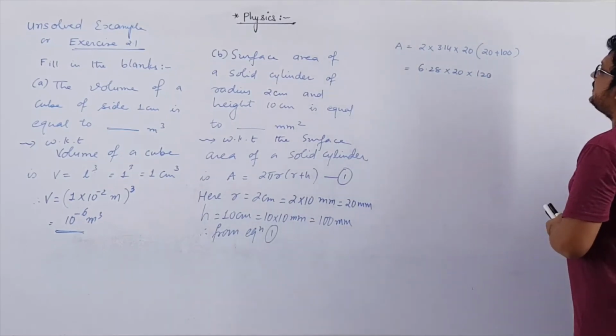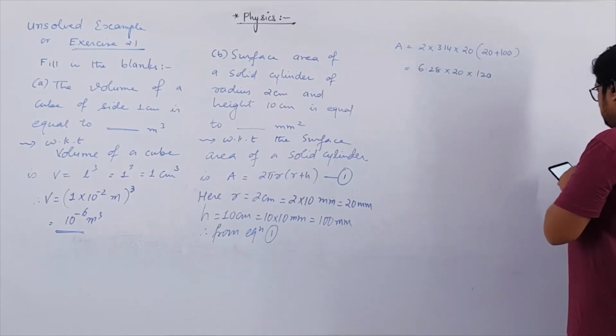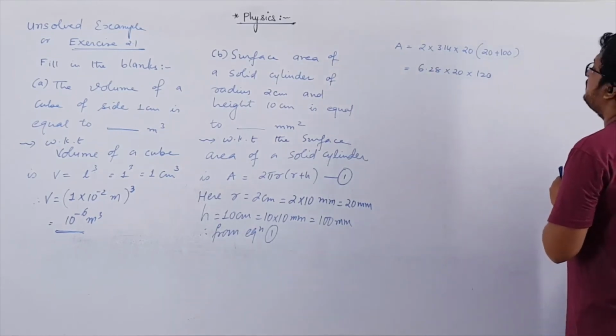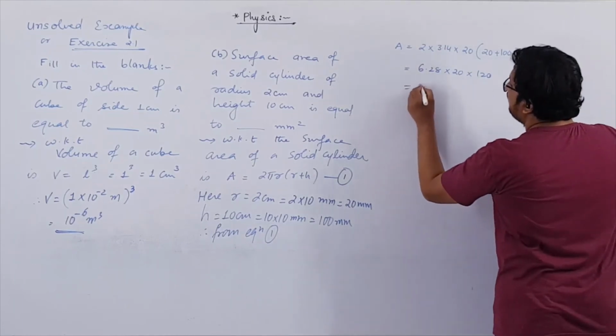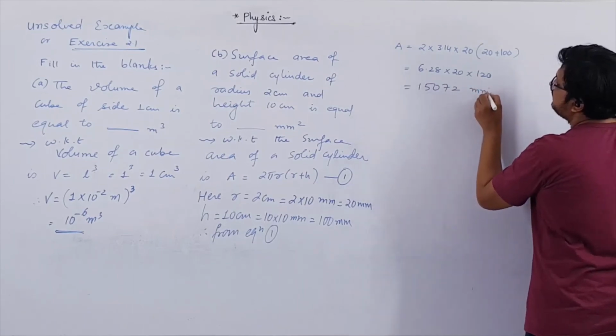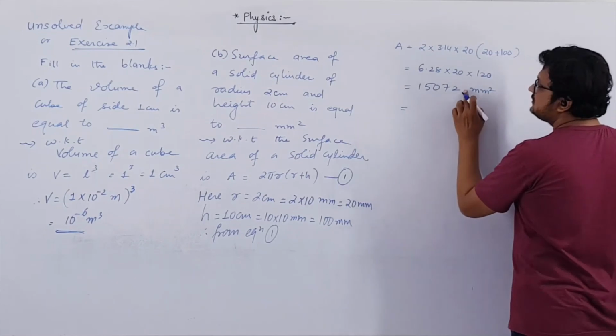So 120 into 20 into 6.28 will be equal to 15072 mm square.